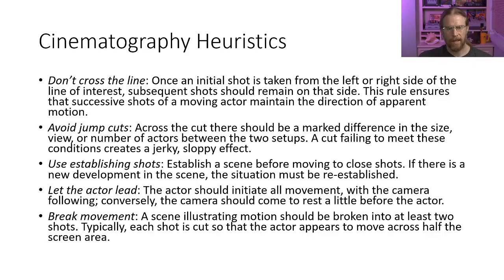Another heuristic is to avoid jump cuts, and we'll see an example of exactly what these are. It's basically if a scene looks very similar and you jump ahead in time or change perspective, it looks to the viewer, because of those similar visual features, as if there's a rapid speed up rather than a cut.